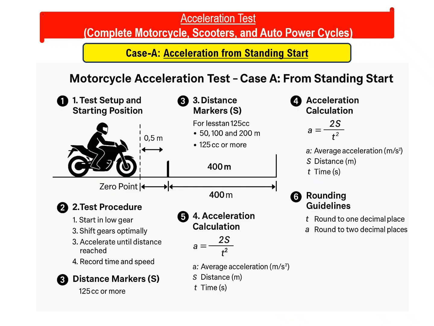This infographic explains the details in respect of acceleration from the standing start, that is test setup and starting position, test procedure, distance markers, acceleration calculation, and finally, rounding guidelines.